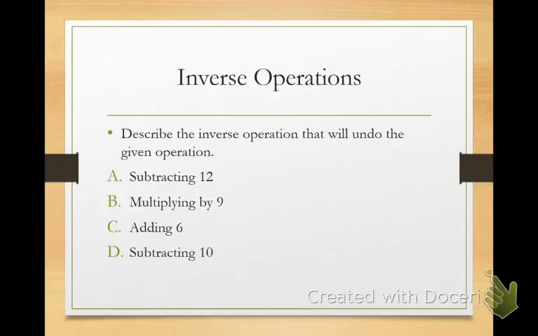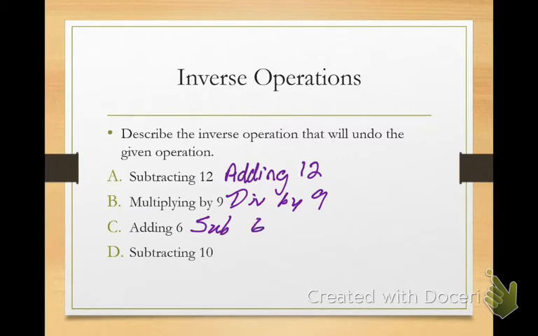Okay? All right, let's talk about inverse operations again. Truthfully, I almost think this should have been at the beginning of the lesson, because this is just what we were talking about at the beginning. Just give me the opposite, and you can say them with me. What is the opposite of subtracting 12? Adding 12. What's the opposite of multiplying by 9? Dividing by 9. What's the opposite of adding 6?